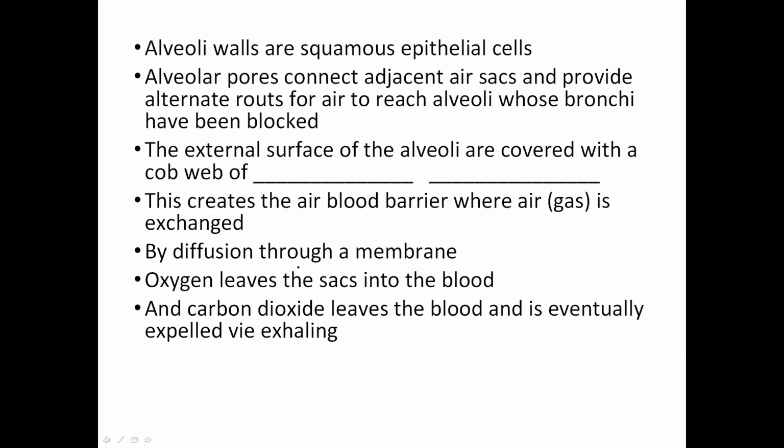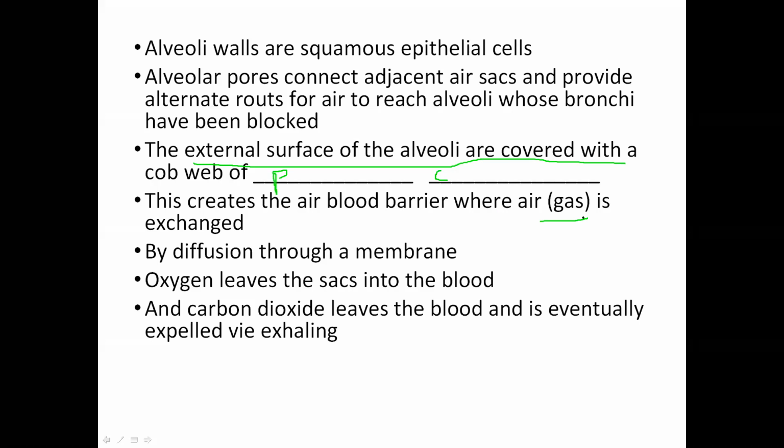Inside of the lungs, you want blood vessels. On the external surface of the alveoli, they are covered with a cobweb of pulmonary capillaries. You want blood vessels so you can exchange gas.